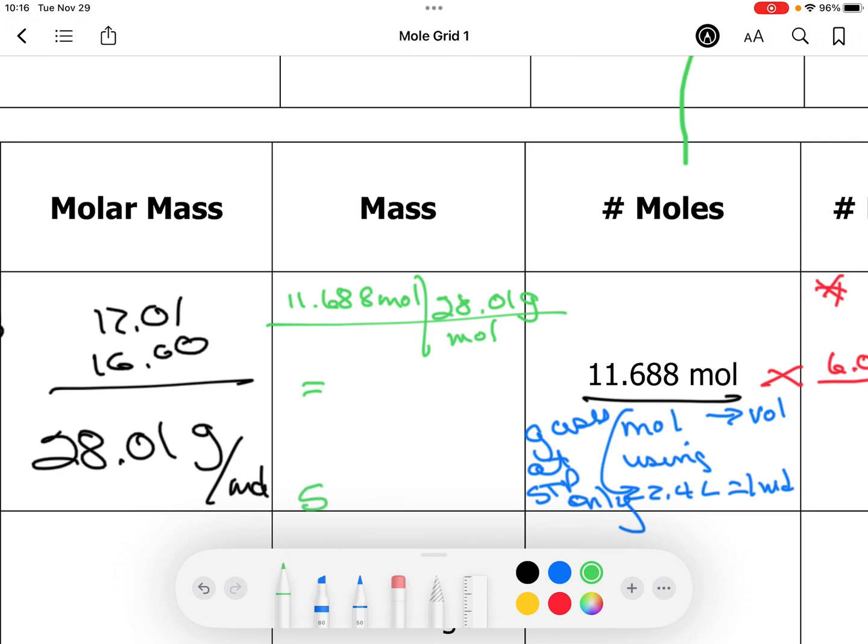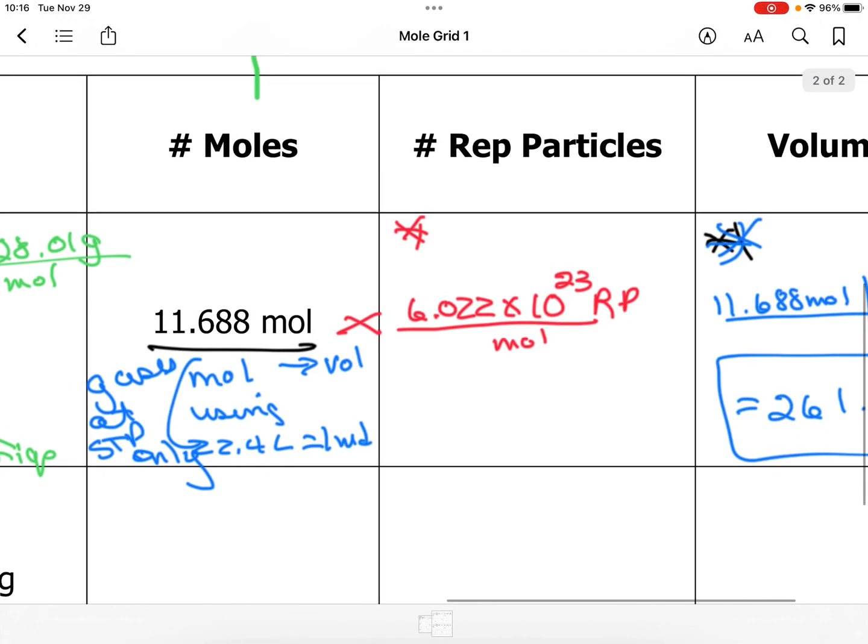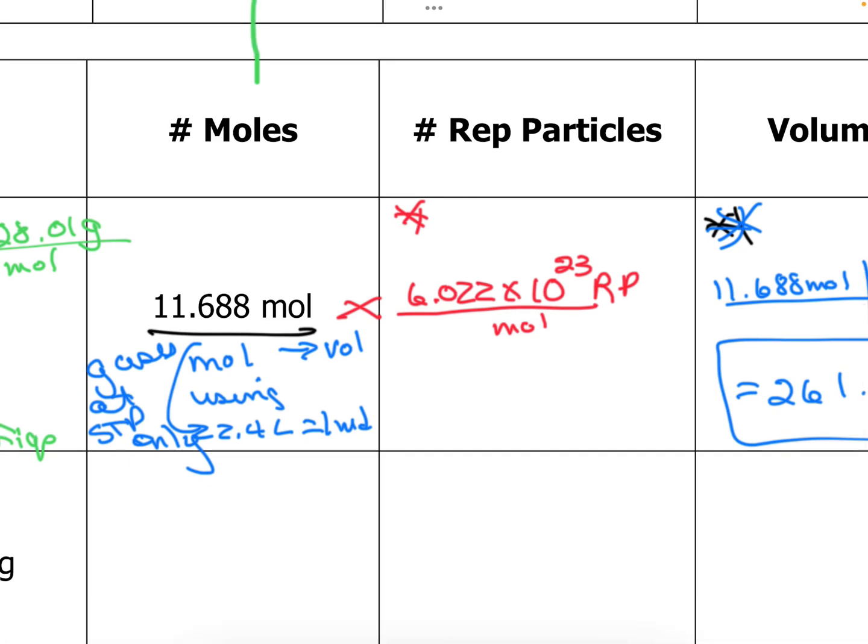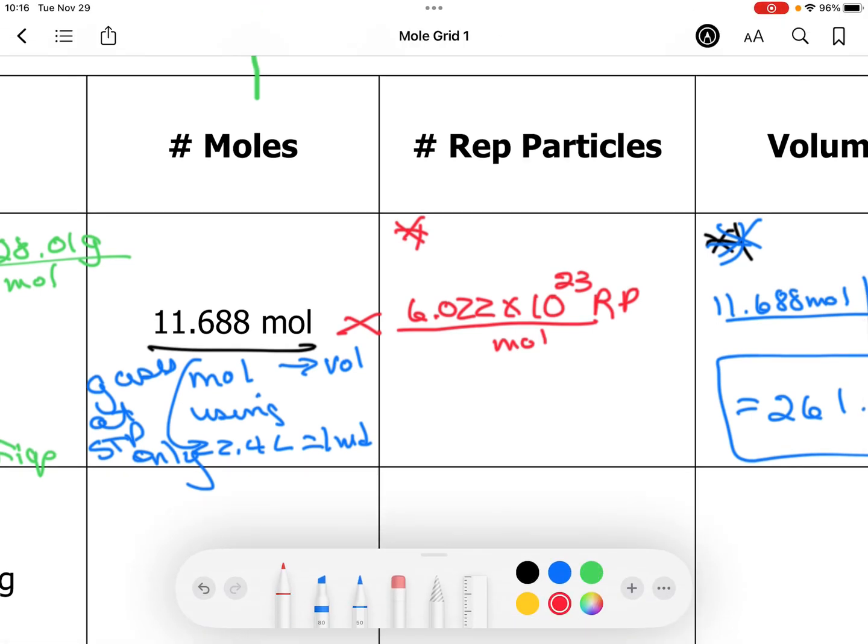Report your answer for both the red one and the blue one to 5 sig figs. Okay, done.